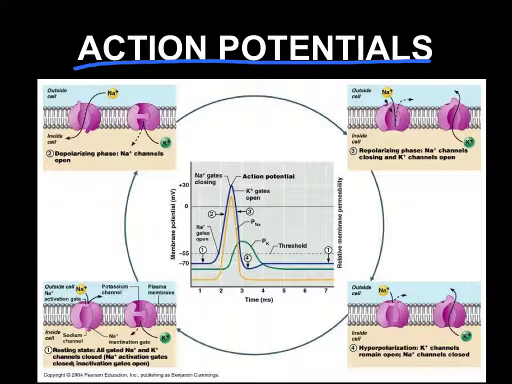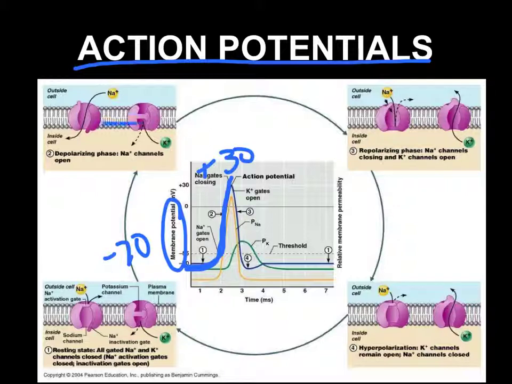An action potential is ultimately what happens when enough sodium ions come into the cell that it turns your membrane potential from a very negative 70 to a very positive 30. When your membrane potential changes from negative 70 to positive 30, an action potential is generated in your cell body, and that information is sent right through the axon to the next axon terminal, and that propagates more neurotransmitter to be sent to another neuron.